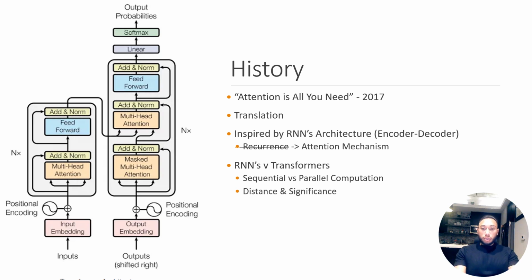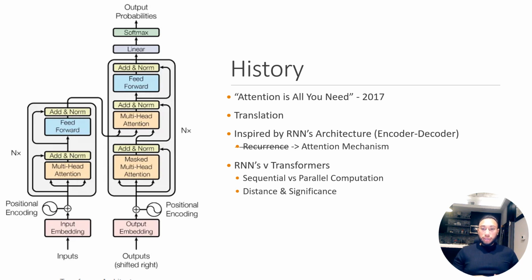However, there were some shortcomings with RNNs. One of the differences between the RNN and the transformer was that the transformer was no longer relying on recurrence. It was going to rely specifically on the attention mechanism. And we'll speak a little bit more about that in just a second.